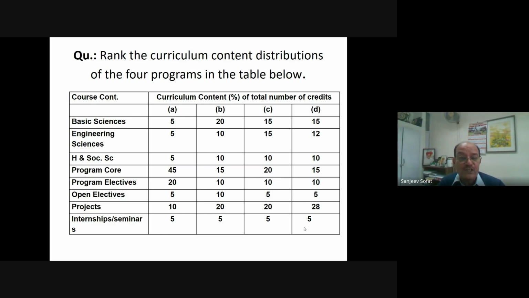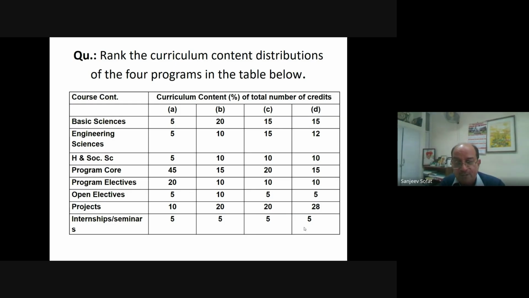Let's say there are four curriculums, A, B, C, D. In basic sciences, there is 5% in A, 20% in this, 20%, 15%, 15% in the others, that means the number of credits. And engineering sciences. In curriculum A, program core is 45%, electives are 20%.